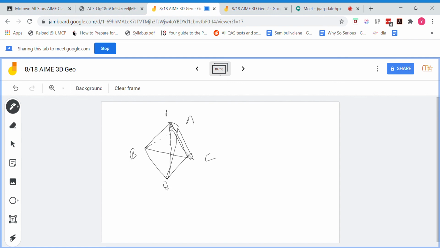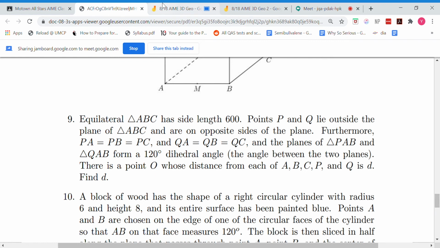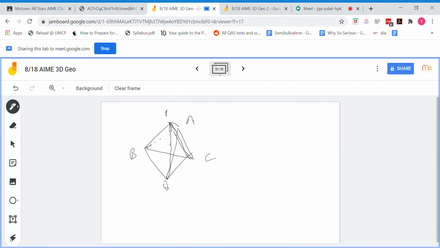And so the line PQ passes through the centroid of the triangle. And so, obviously, point O should also lie on that line, because point O is equidistant from A, B, and C, and so point O should lie on line PQ. And because OP equals OQ, O should be the midpoint of PQ.